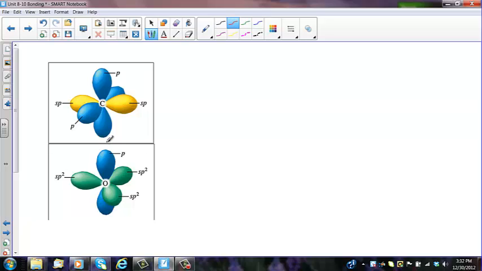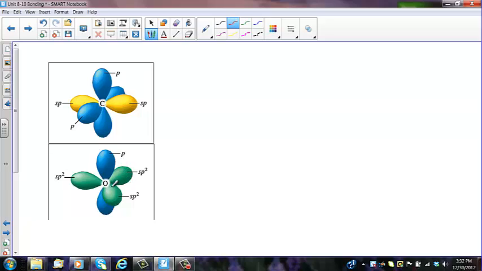In this diagram, you have the orbitals of an sp hybridized carbon atom. So this is showing you carbon with your sp hybridization, and this is showing you in the bottom one the orbital arrangement for an sp2 hybridized oxygen atom.